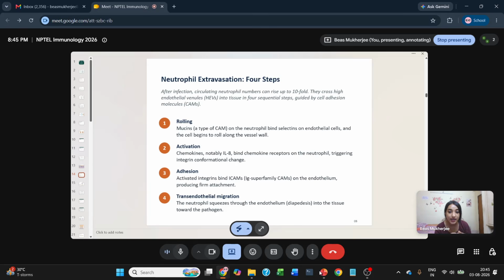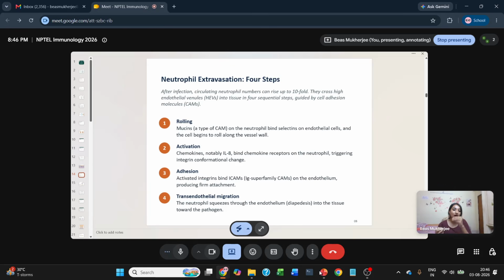This neutrophil has receptors for interleukin 8, and interleukin 8 is going to be released, and the receptors are there on the neutrophil, so it comes and binds to it and it triggers integrin conformational change. Now, this integrin is present in the form of a cross.